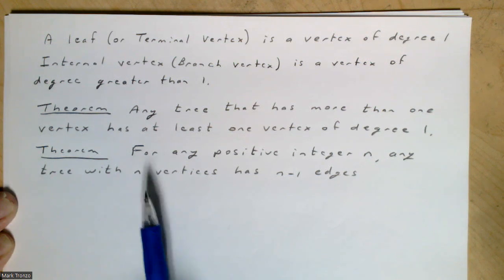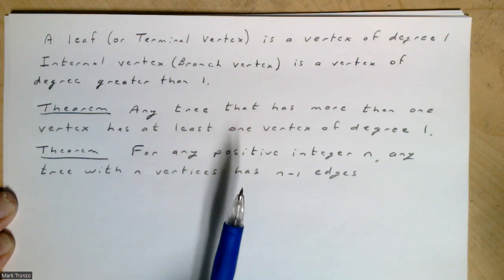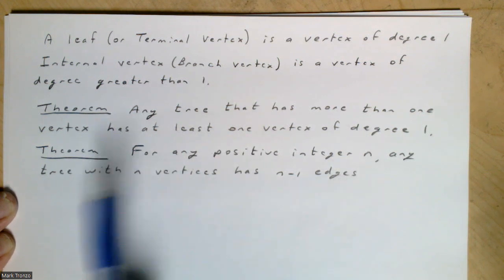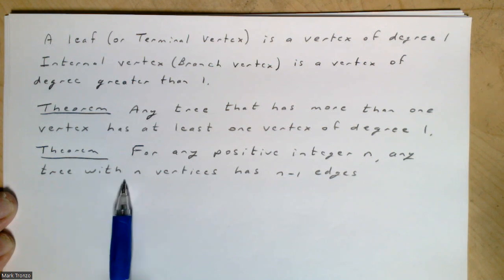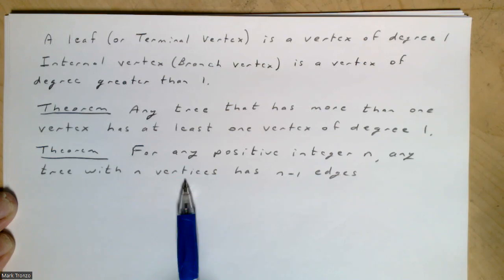So again, this can be used to find out if a graph is a tree. It's saying if it's a tree and has n vertices, then it has one less edge than vertices.